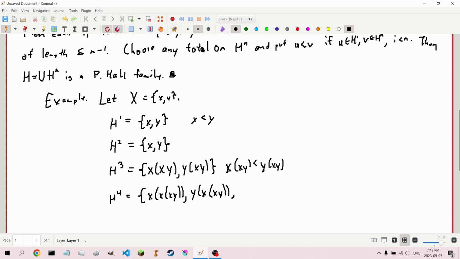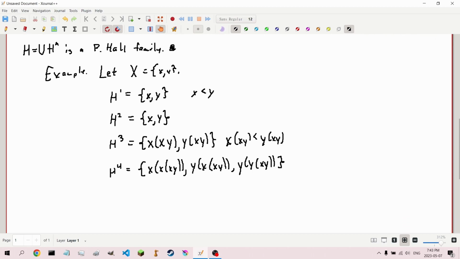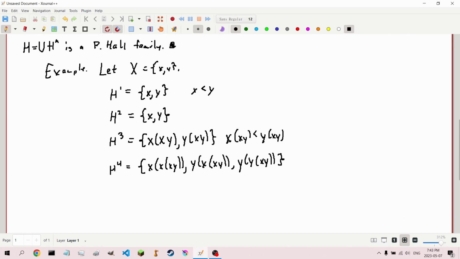And to the left of this (y,(x,y)), we can only add a y, of course. I'm not going to write out all of H5, but to the left of this one, we can of course have an x or a y. To the left of this one, we can only have a y. To the left of this one, we can only have a y.